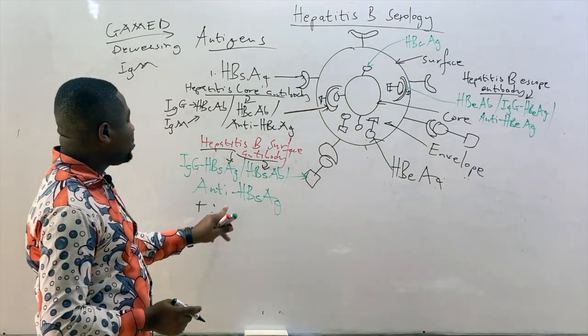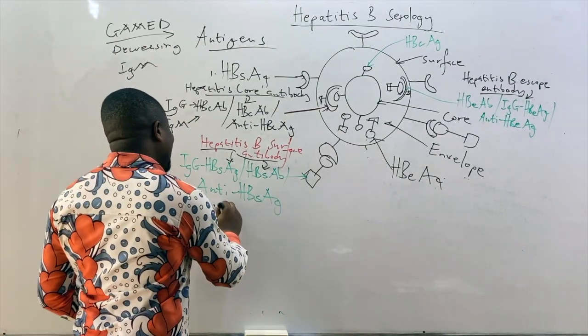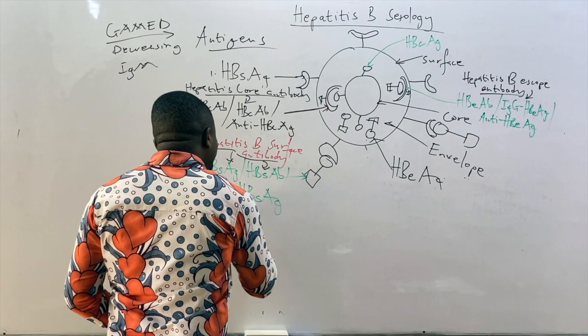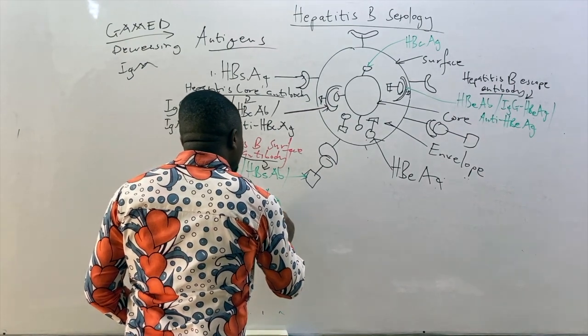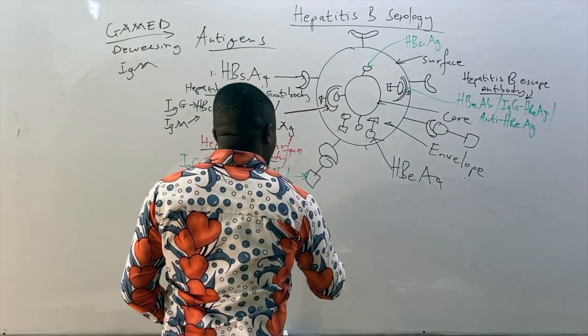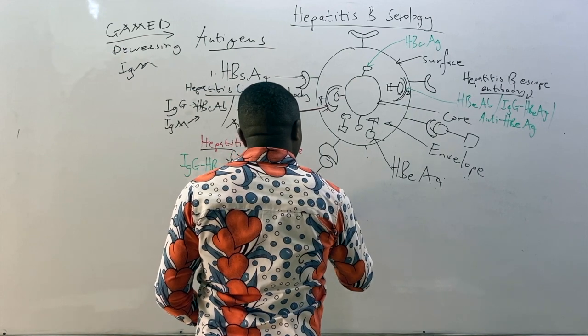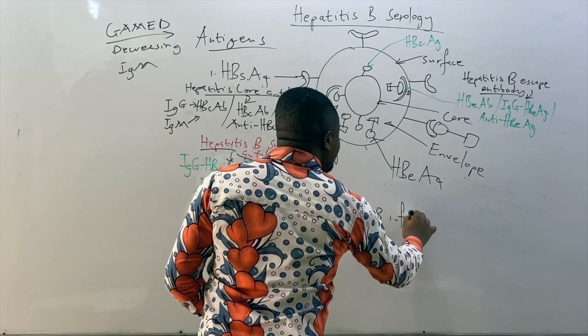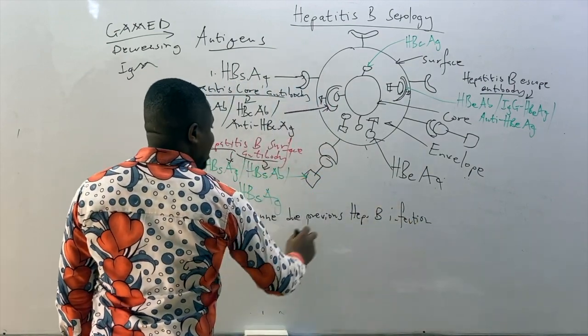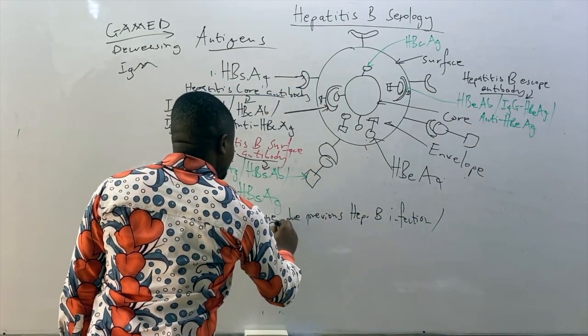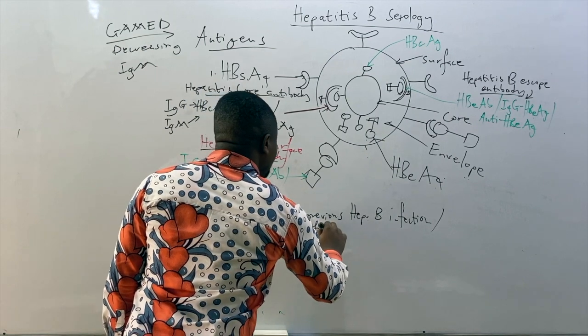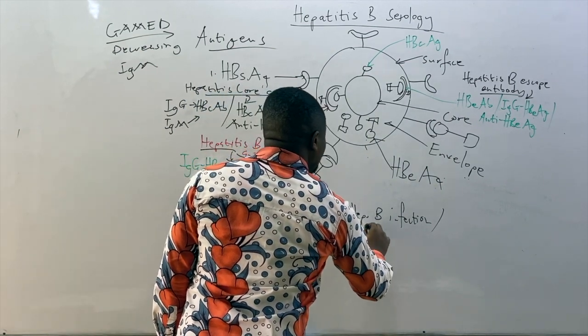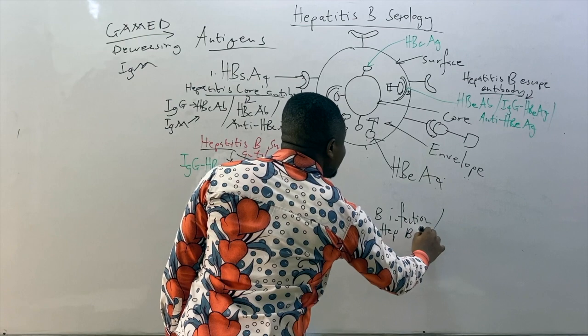So now, if this is positive, it could mean two things. The first one is the patient has become immune due to previous hepatitis B infection. Or another way we can put this is cured from previous hepatitis B infection.